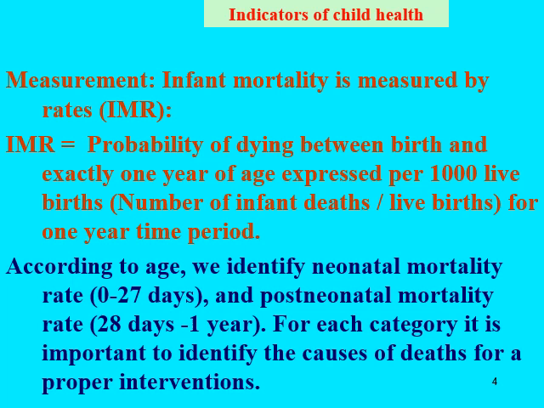How do we measure it? Infant mortality rate equals the probability of dying between birth and exactly 1 year of age, expressed per 1,000 live births. That is, the number of infant deaths divided by live births for a 1 year time period.